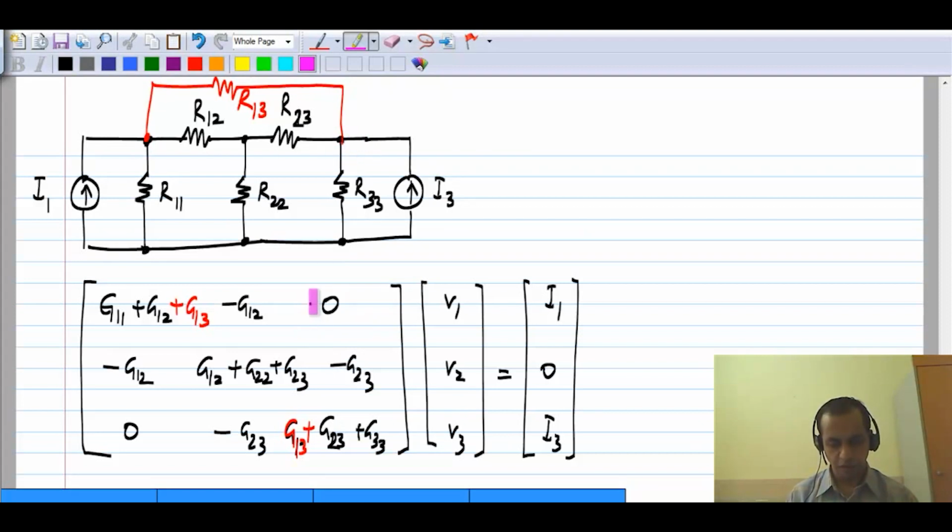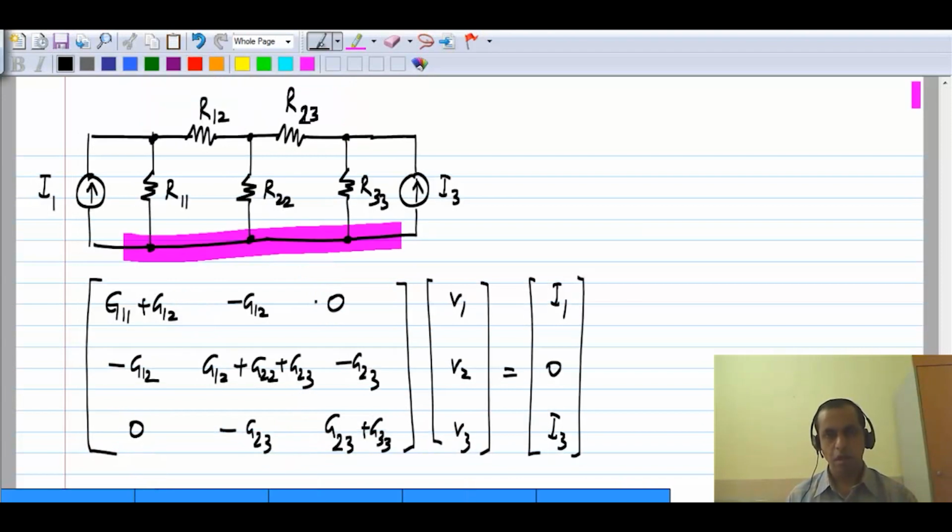So this element here, which was earlier 0 because no conductance was connected between nodes 1 and 3, now becomes minus G13. And similarly here, this becomes minus G13. The matrix is still symmetric because we still have a circuit consisting of only conductances and current sources. This is what happens to the nodal analysis setup.